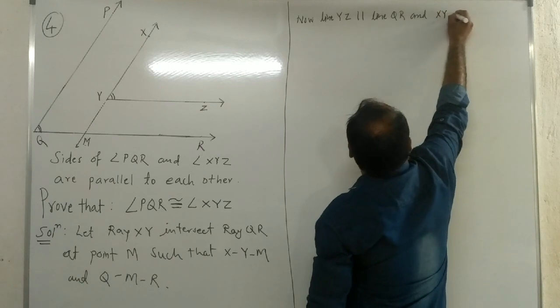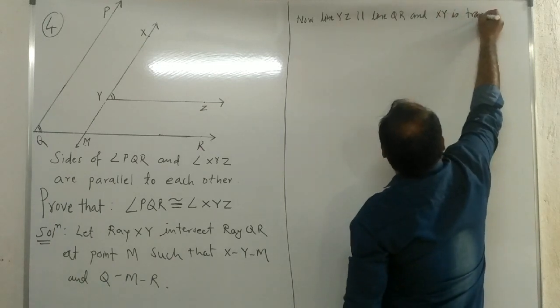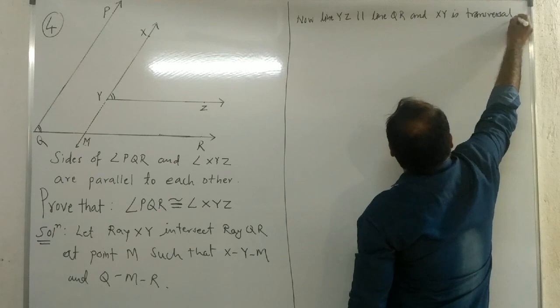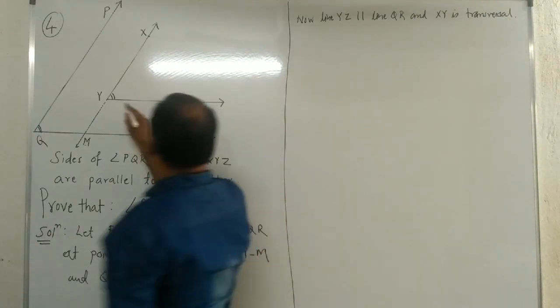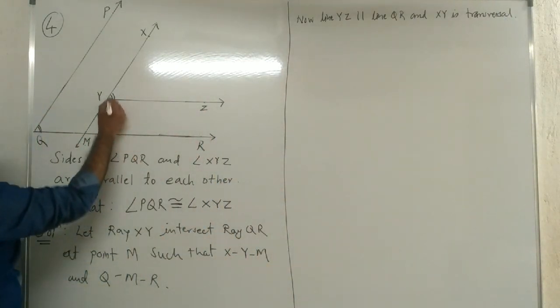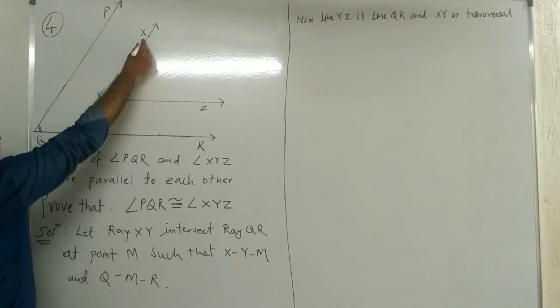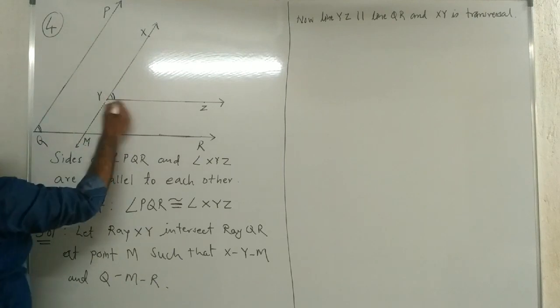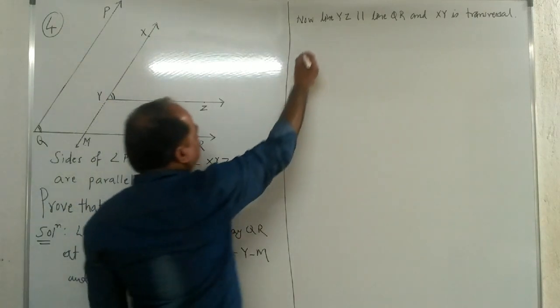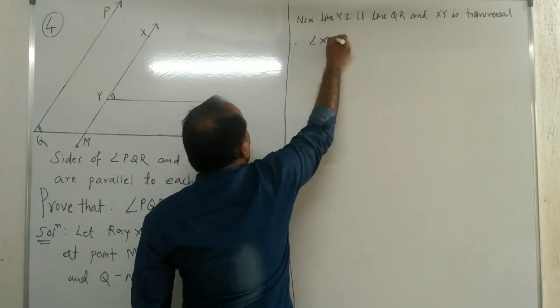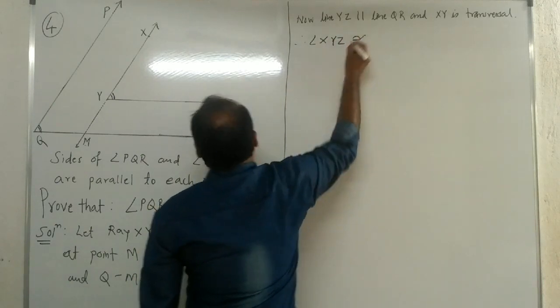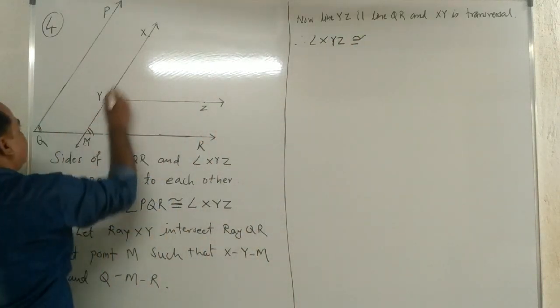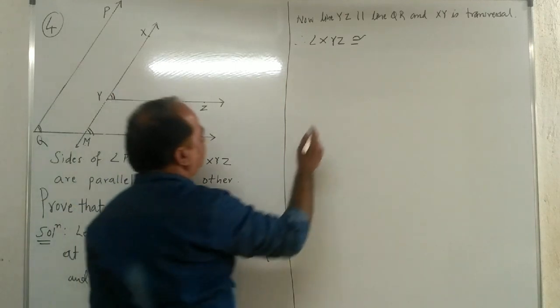Therefore, since this YZ is parallel to QR and this is the transversal, angle XYZ is congruent to angle XMR.